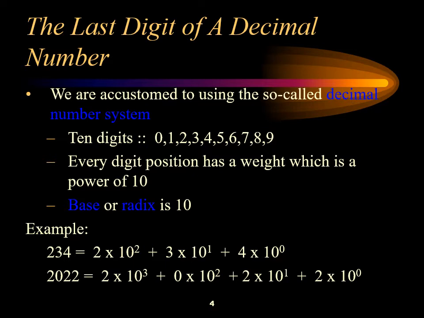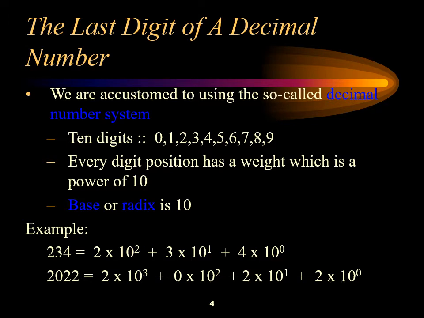Any decimal number has only 10 base digits, 0, 1 to 9, and every digit position has a weight, which is a power of 10.